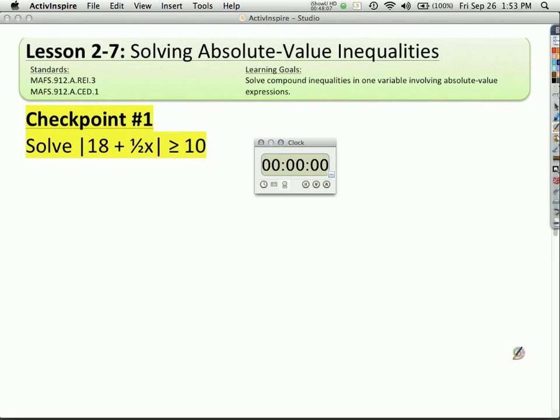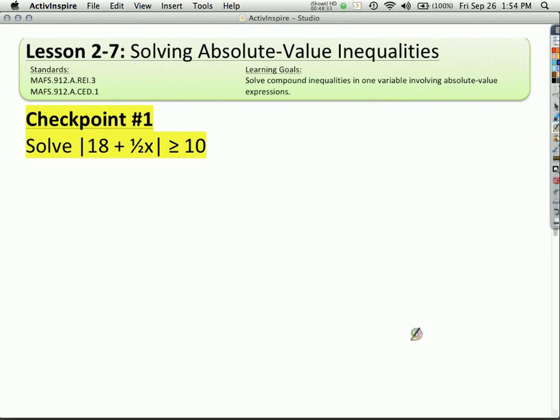I got x is less than or equal to negative 56, negative 16. All right. Give me a thumbs up if you and your teammates came to an agreement on the solution. Okay? Good. Put your thumbs down.